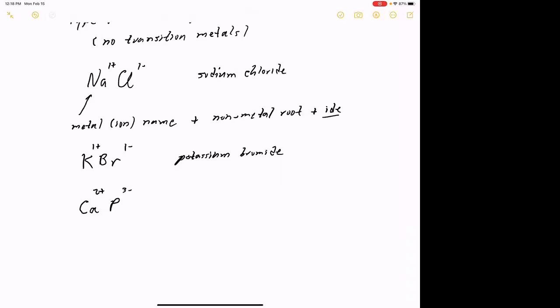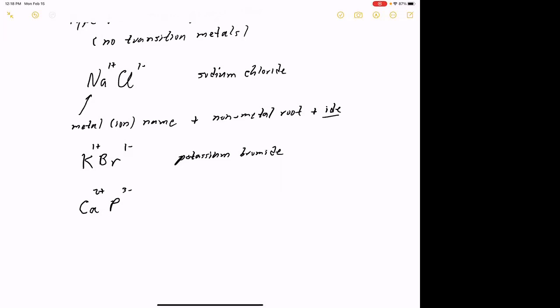Now, what do you notice about those two charges? Are they going to cancel each other out? No, not really. They're not equal, right? So notice that if I cancel, the 2+ will go away, but I'll be left with a net 1-. So what I have to do now is monkey around with the relative numbers of calcium ions and phosphide ions that I've got to make this thing work out so the charges will cancel, okay?